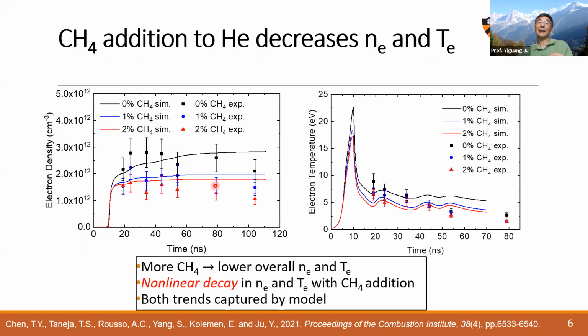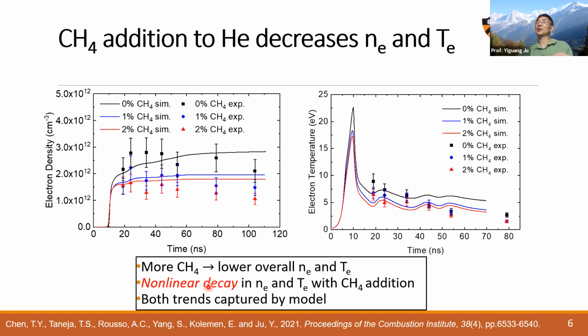By adding 1%, the electron number density drops significantly. By adding 2%, you can see it drops a little bit more. This result demonstrates for the first time that adding methane into helium causes a drop of electron number density and electron temperature, and that this drop is a nonlinear decay.